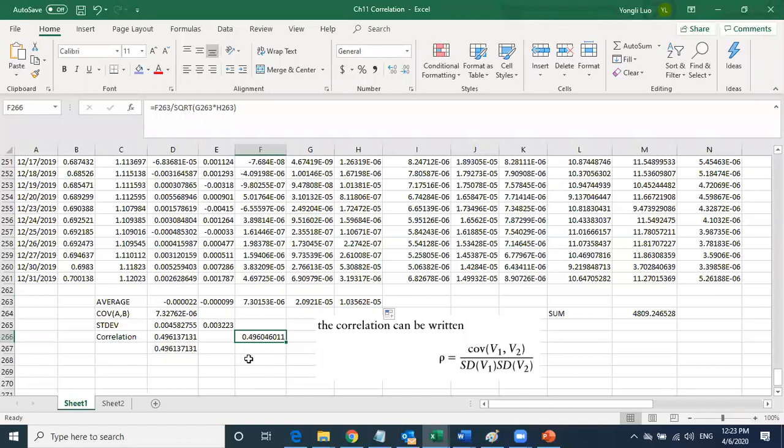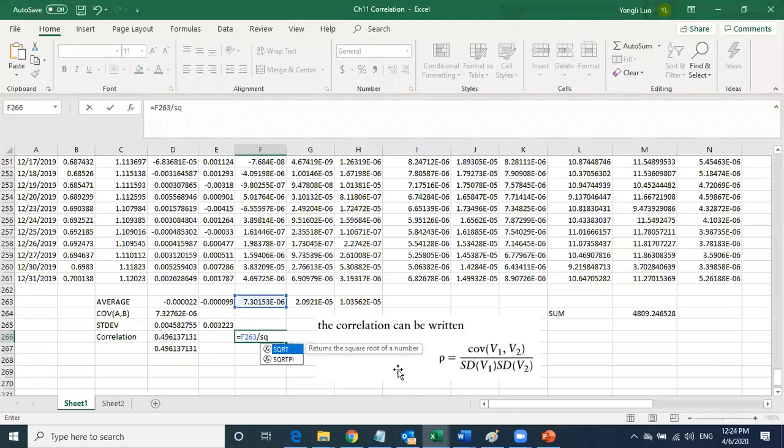And these two, how do you do the correlation? The correlation is going to be the covariance, using this formula, divided by the square root of the variance of asset A times the variance of asset B. So that's your correlation.